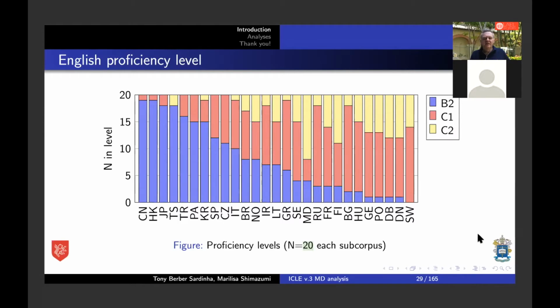So this is just a sample, to give you some idea of the level of these students, but bear in mind, again, this is for a small sample. As you can see, there is a large amount of variation across the national subcorpora. China has the most B2 texts, whereas Sweden has the highest number of advanced texts. And then it varies across.